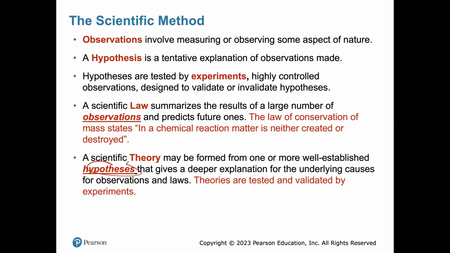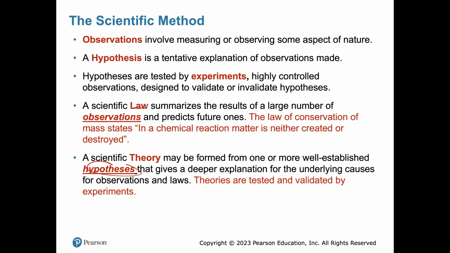A scientific law, on the other hand, summarizes the results of a large number of observations. When you see something happen all the time, you have a large database, and then you can actually observe it. Those are what we call laws. So laws are observations, and theories are hypotheses that can be proved and disproved.